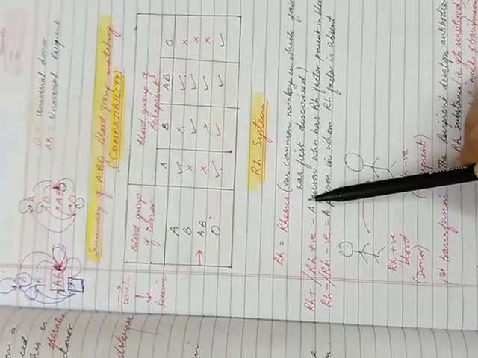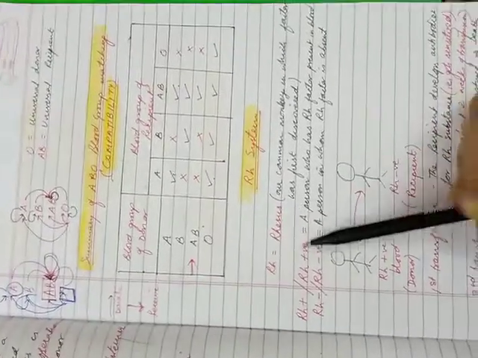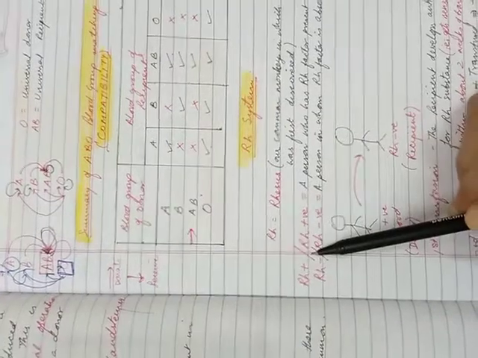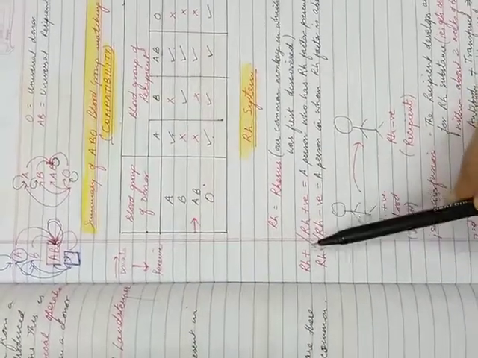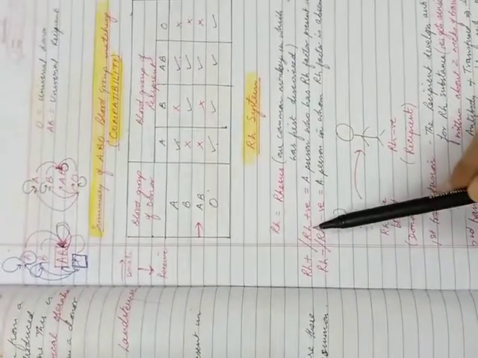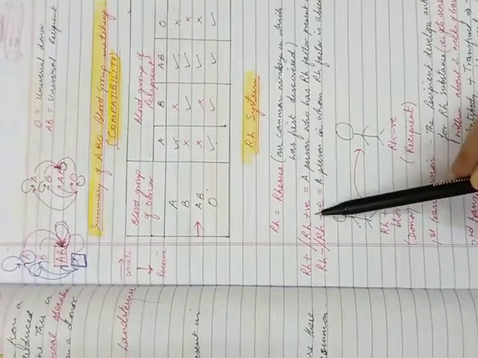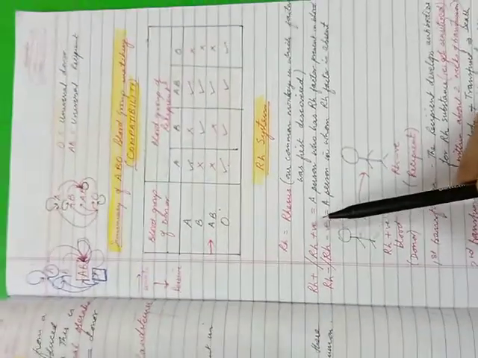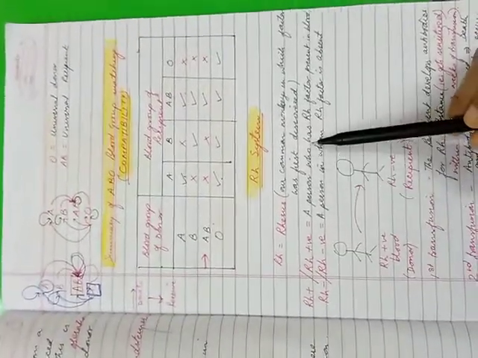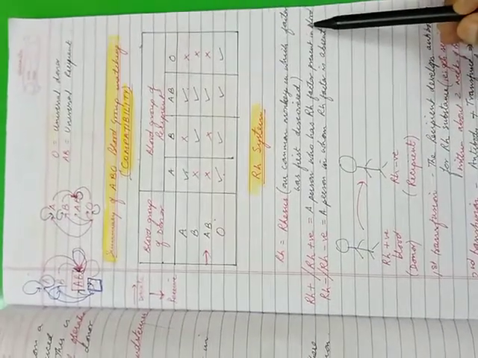Most humans have this RH factor present, and when present, these people are called RH positive. Now how do we write RH positive? RH plus or RH positive, like this. Both are correct. So who's RH positive? A person who has the RH factor present in his blood.